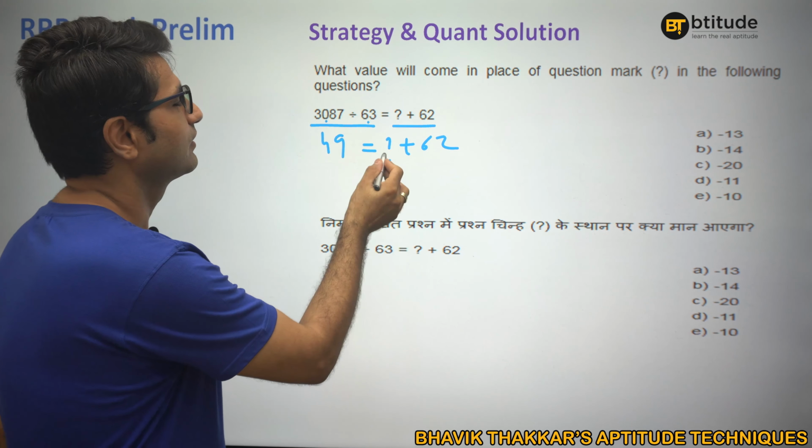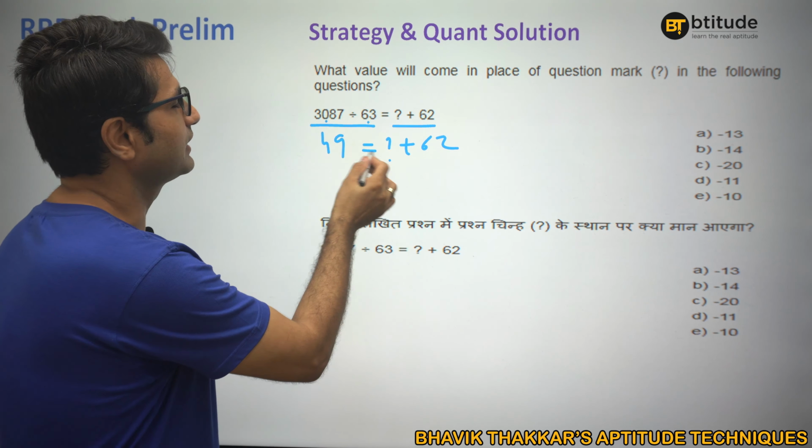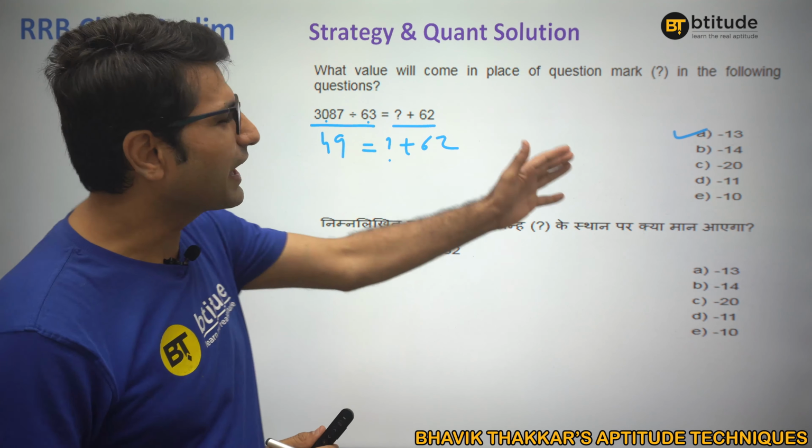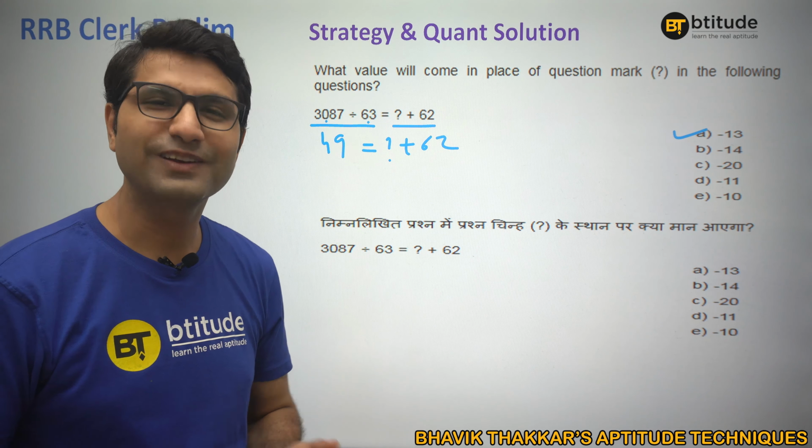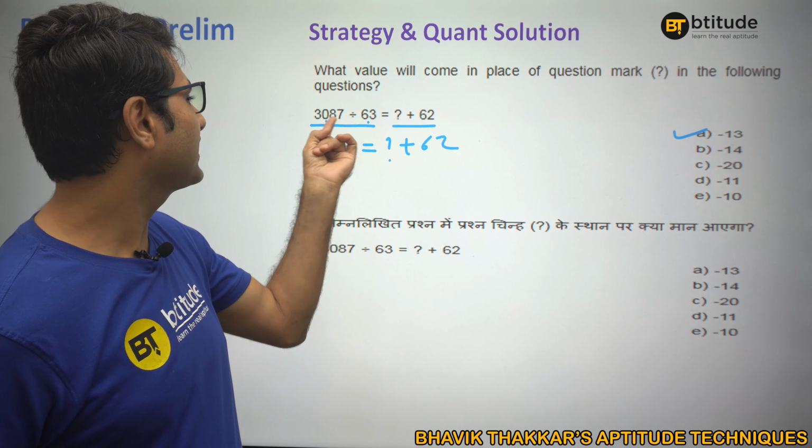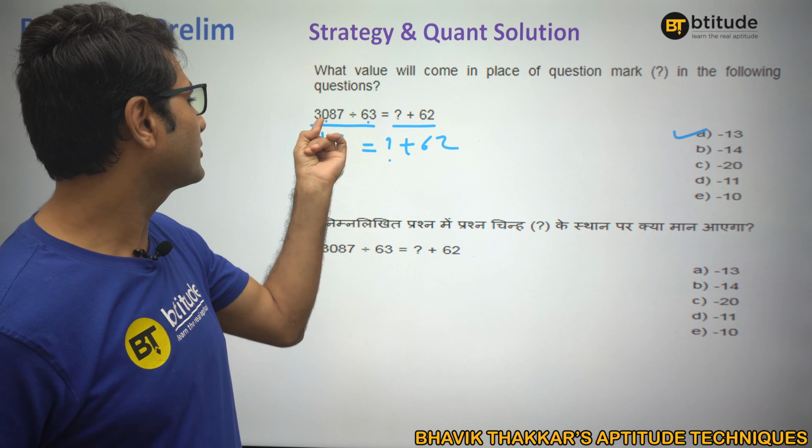Pretty easy. Minus 13. I thought about the last digit, but it looks very easy to me, because 63 into half of 66 is 31.5. So I figured out into 50 would be 3150. This is exactly 63 lesser, so into 49. So 49 is equal to question mark plus 62 minus 13. Pretty easy, 15 seconds job.